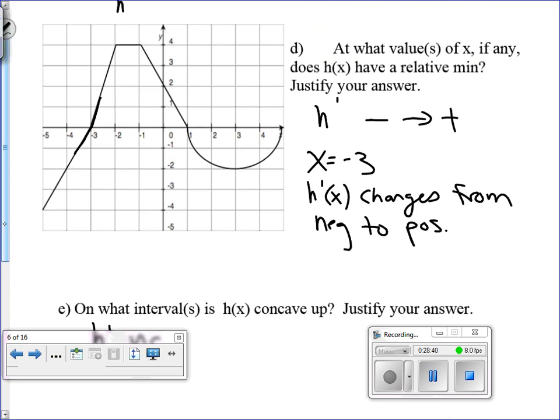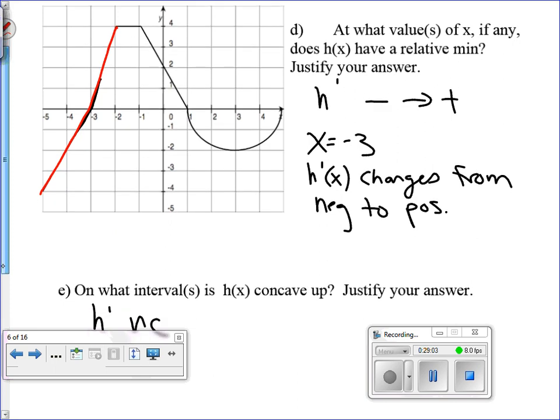So when you're looking at your graph, it's increasing from negative 5 up to negative 2. Remember, when you're giving intervals of increase or decrease, it's the x coordinates. You see it's increasing wherever it's going up as you read it left to right. So you want to say from negative 5 to negative 2.